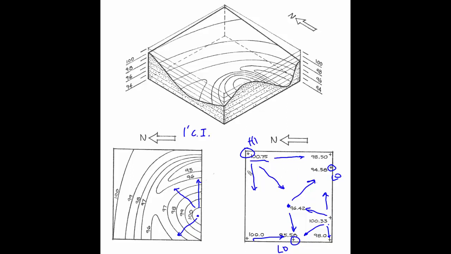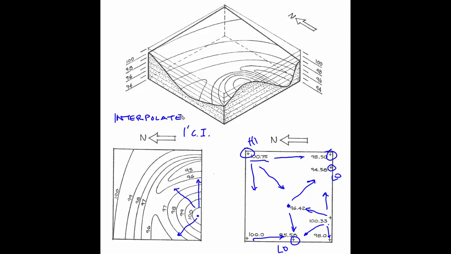Well, we can still use the elevations on the right-hand map to interpolate these contours. So the interpolation process, let me spell that out, interpolate. The interpolation process really estimates where these contours are based on the data we have.